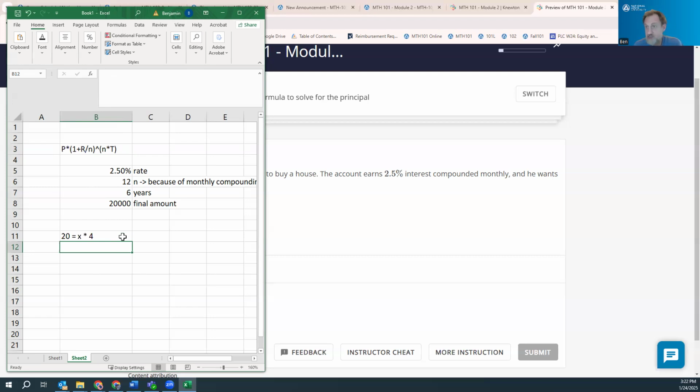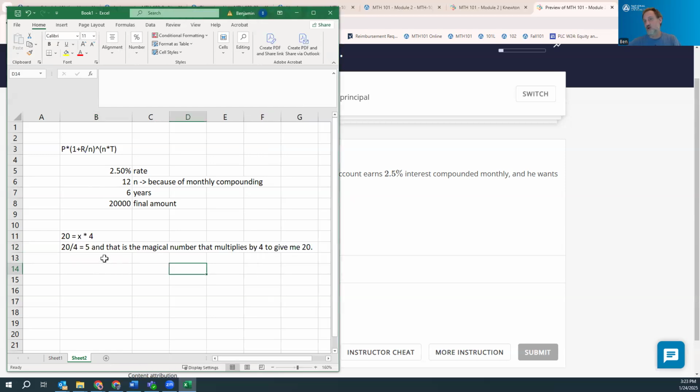That's inverse operations. But we can also just use this concept of number sense or opposites in order to figure out that if 20 equals this number times 4, then 20 divided by 4 would be equal to this number. So obviously 20 divided by 4 is 5, and that is the magical number that multiplies by 4 to give me 20. And so that relationship between multiplication and division is important here.